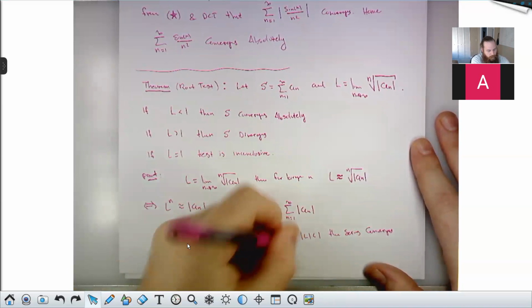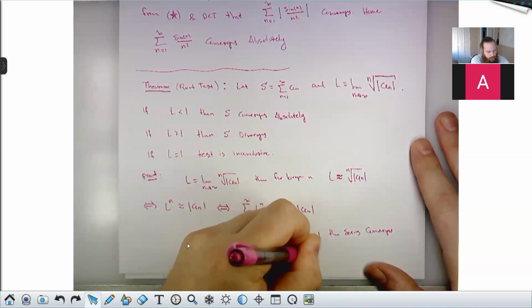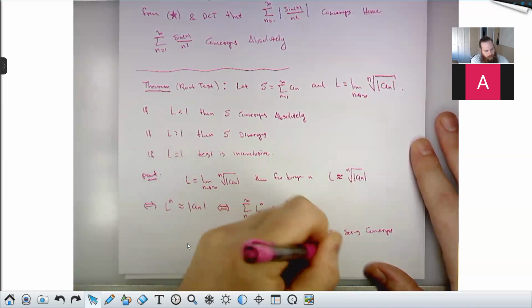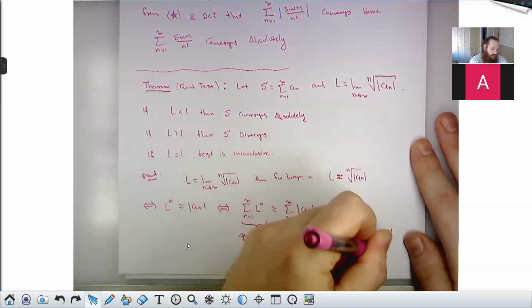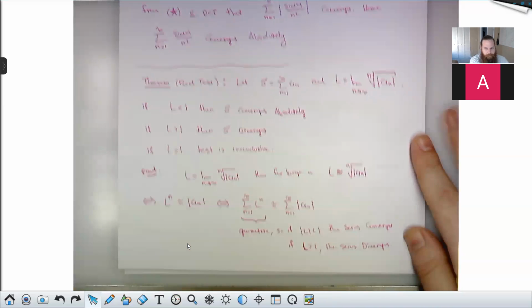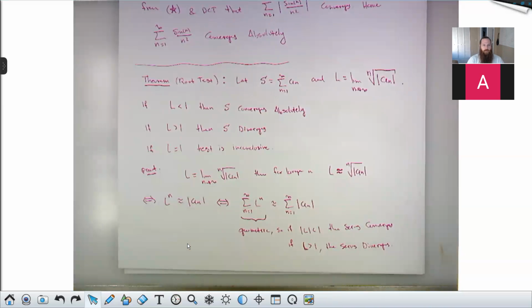And if L is bigger than 1, the series diverges. All right, and I'll leave it at that as a proof sketch here. It doesn't need to be super rigorous or super detailed, and showing that when L is 1, the test is inconclusive is different. We can show that by example. But I just want to give you a feel for why the root test works.